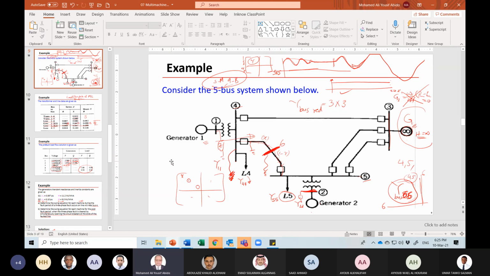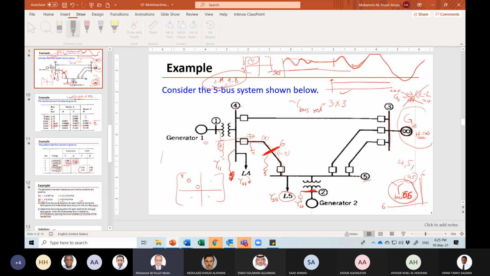And you can imagine that for this line, you have bus 4 and you have bus 5, and this is the situation here. Now, if we have a fault here, if this is a solid fault, during the fault, you can assume that this part of the line is just connected to the ground here, and this part of the line is just connected to the ground here.